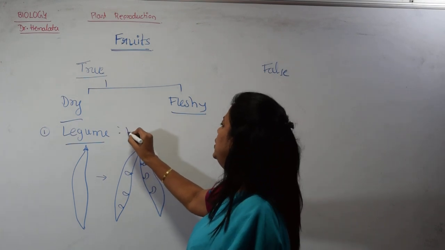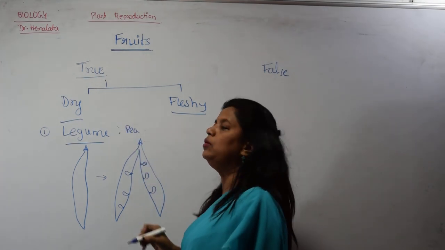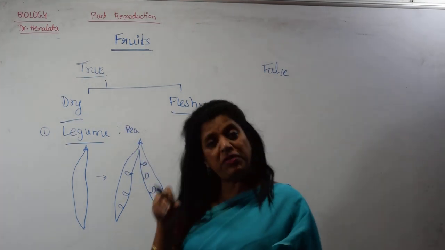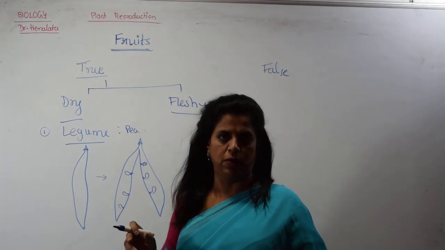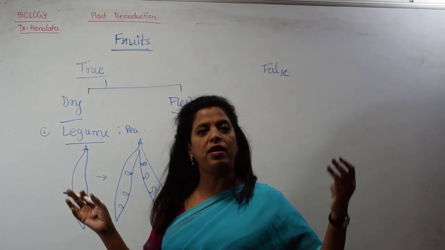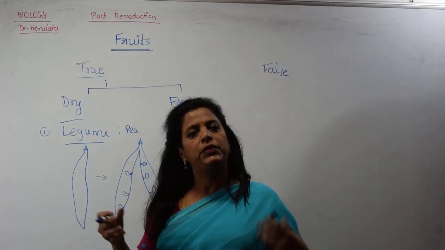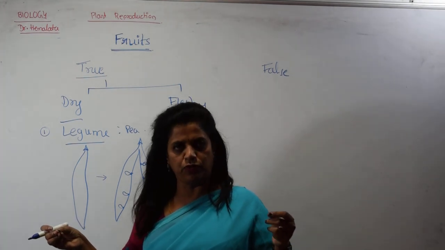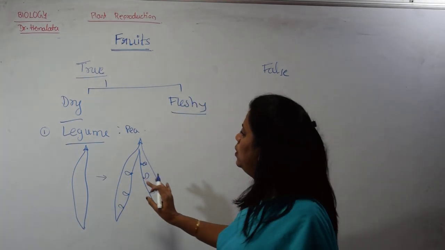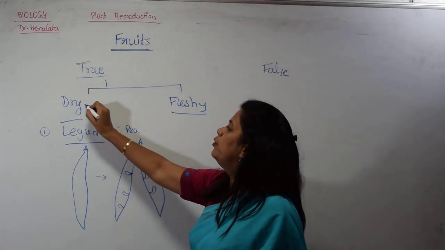In pea or beans it will be like this. Okay, legume in pea. Actually, in pea, we specifically call it a pod also. Pod, because it has very few seeds. Normal legumes have 8 to 10 seeds, like tur dal and other things. They will have a long leguminous fruit. This is a dry dehiscent fruit. Okay.